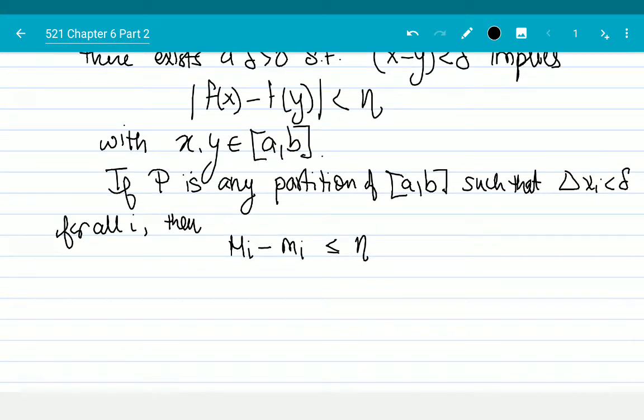Right? And therefore, technically, it's strictly smaller than eta. Okay?